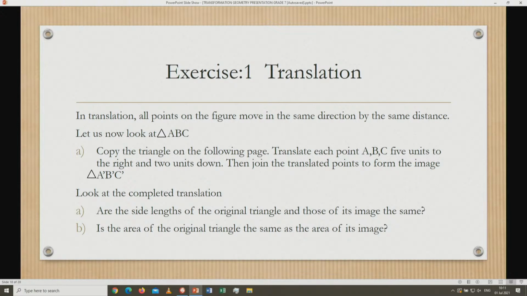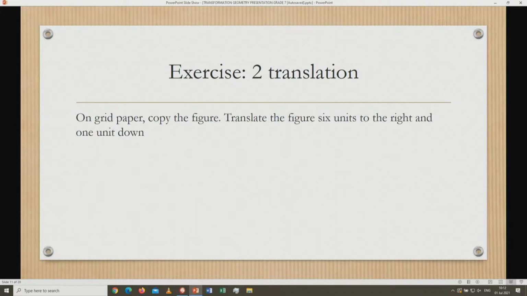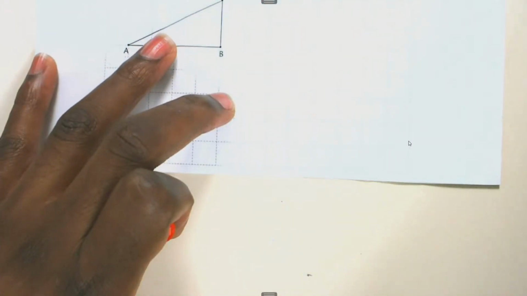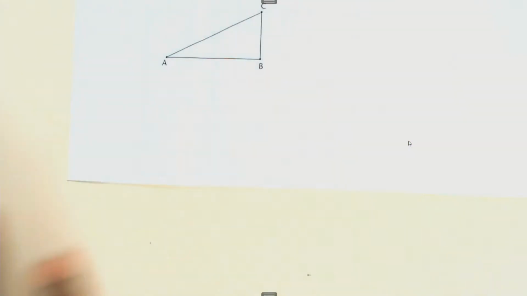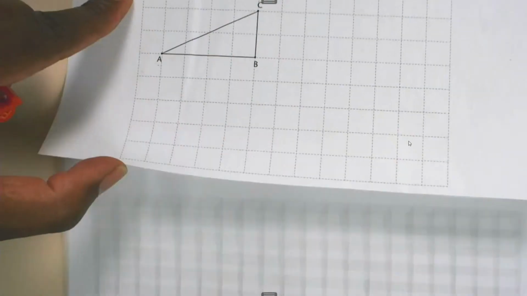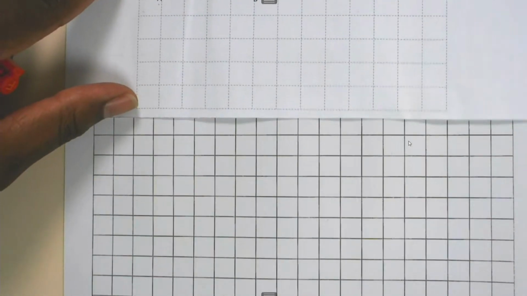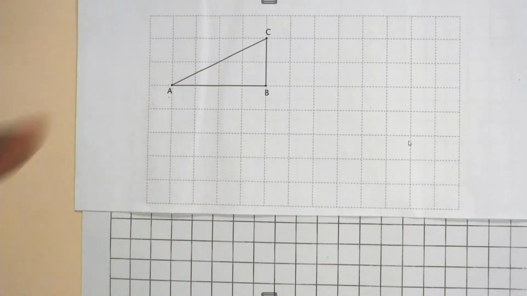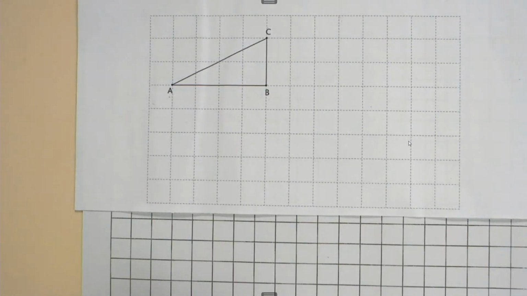First, before we can translate, let us start copying this and see how it's done. Right. Now let us look. I need to copy this.